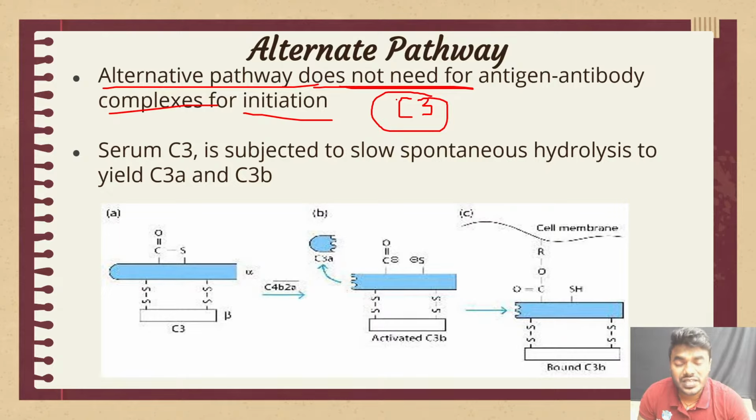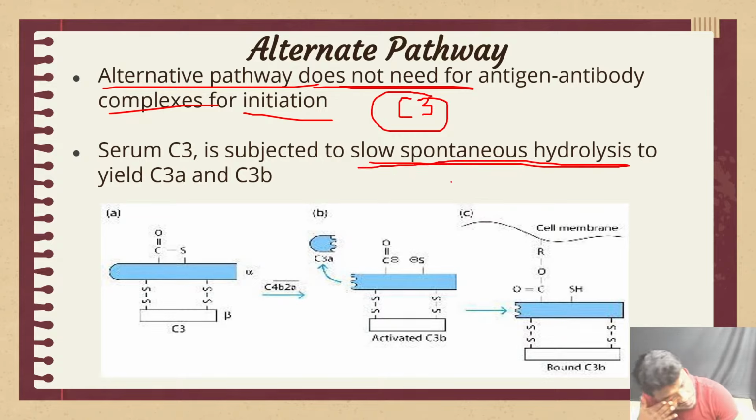Now my question is, how does the complement 3 molecule on its own start the complement system without any antibody? The point you have to remember: complement 3 molecule will undergo spontaneous hydrolysis. Friends, please kindly do not get confused with this particular statement at all.